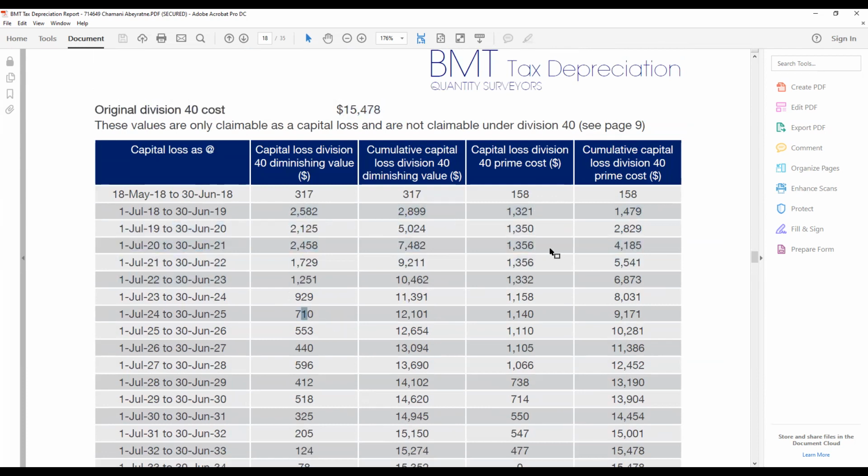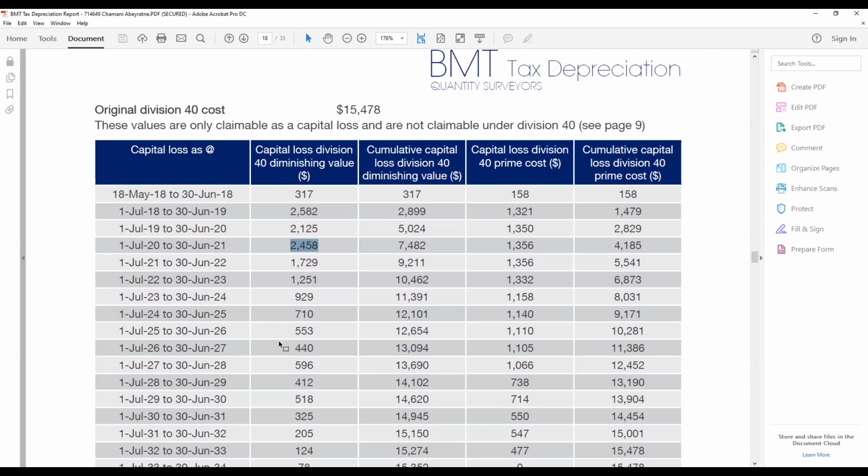You cannot move into prime cost. But any new asset you are purchasing for your property, you can choose whichever way you like to go. But for this one, whatever you elected, you must follow. Therefore, before selecting, you must make sure what method they used previously.